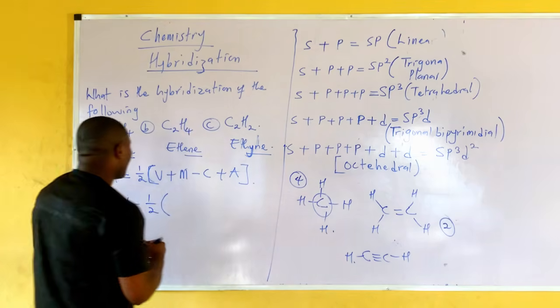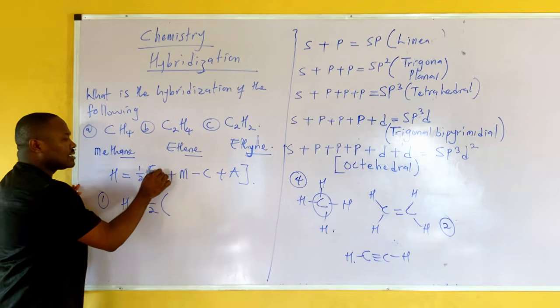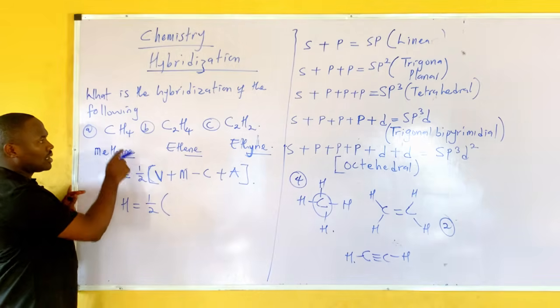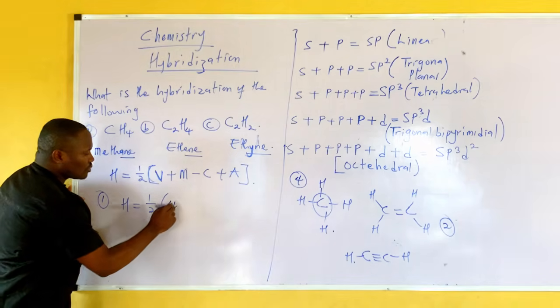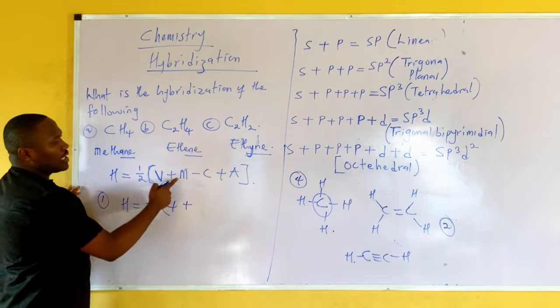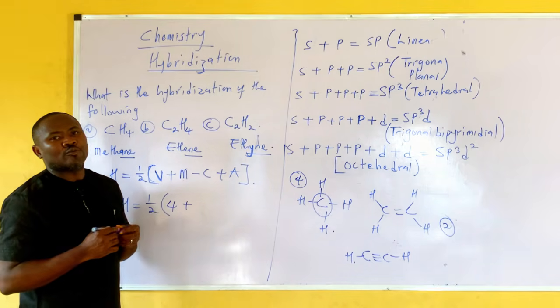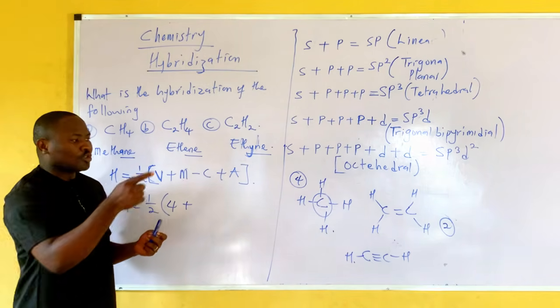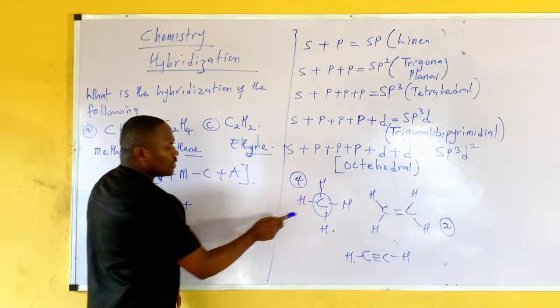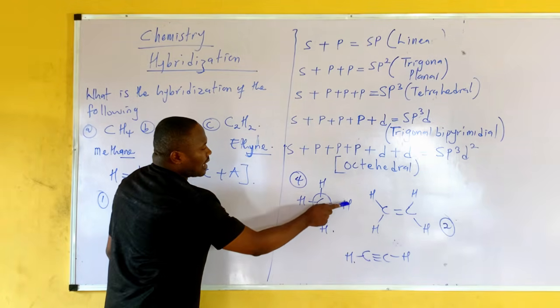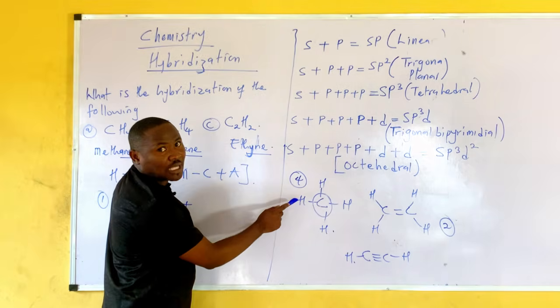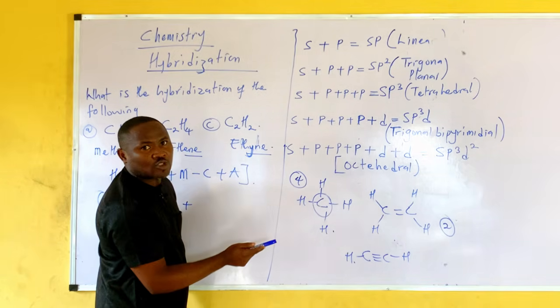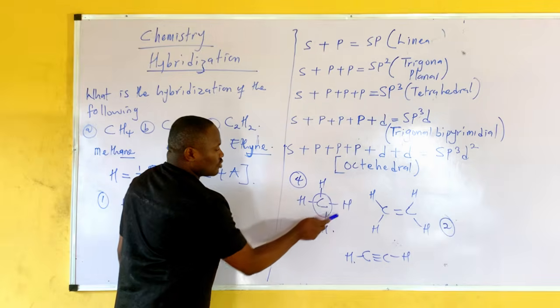So come back here. What is now the number of valence electrons in carbon in this case? It becomes 4 plus M, which we said is the number of monovalent atoms attached to the central atom. So this is the central atom. These are our monovalent atoms attached. How many monovalent atoms are attached? 1, 2, 3, 4.